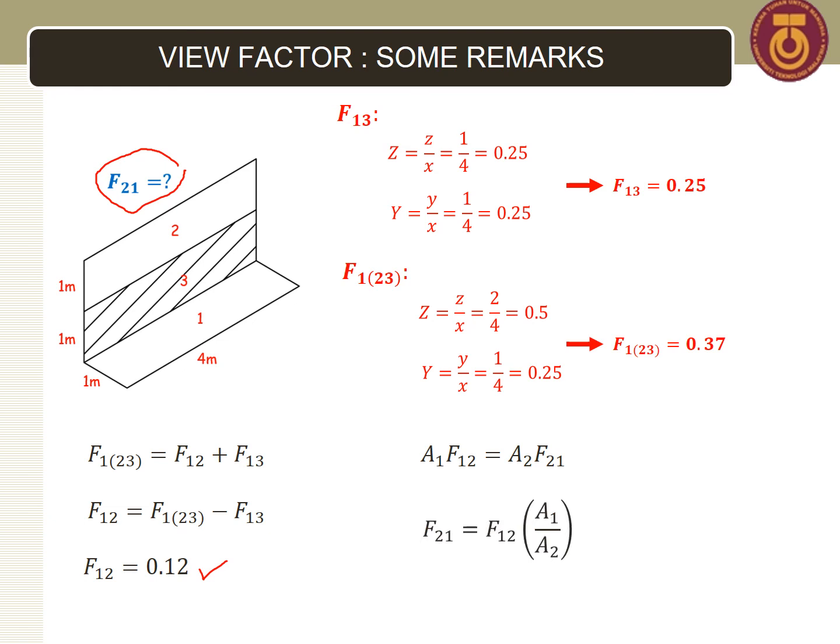What we want is F21, and A1, A2 and F12 are all available. So substitute all these values into this equation, and you will get F21 equals 0.12 also. The reason is very simple, because A1 equals A2 in this case. So that is how useful the superposition rule and reciprocal rule are in helping us to determine view factors in different situations.